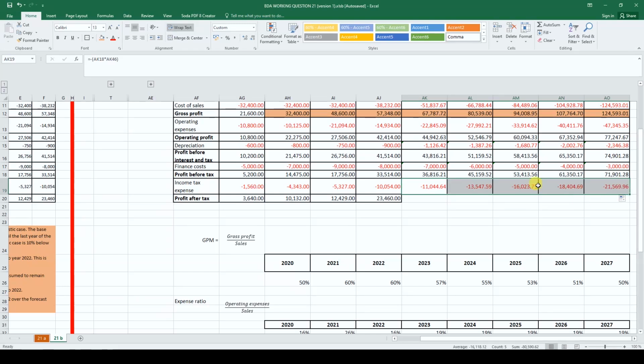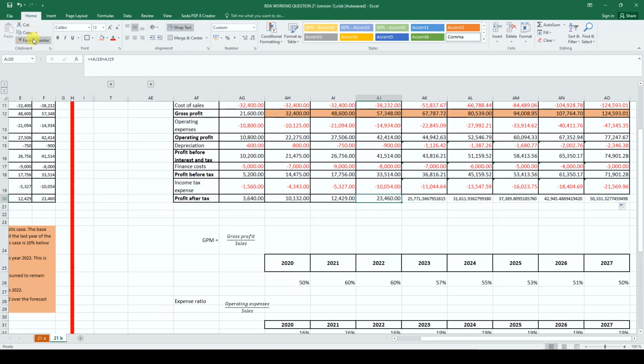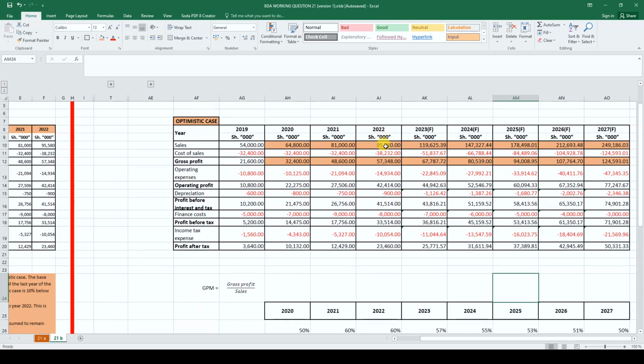So we drag there. Finally, we have the profit after tax, plus that, which should give the values given to you there. So format painter, you can see the values right there. For 2023, I need to ensure that there's consistency in terms of the presentation or the outlook over there.